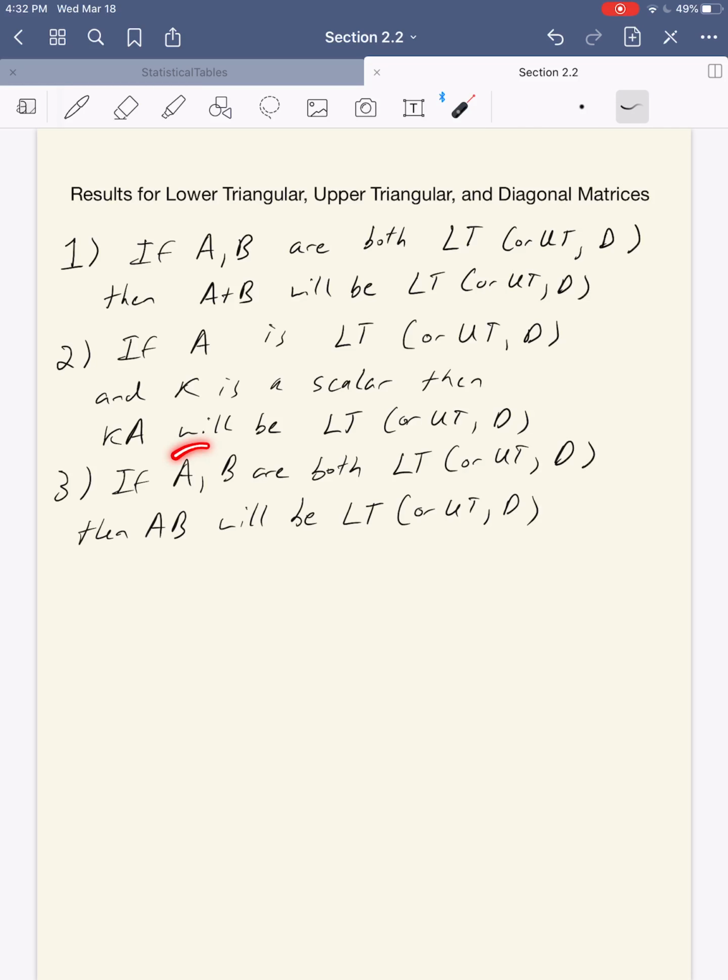So in other words, if you start with a couple matrices that both have that special property of both being lower triangular, both being upper triangular, or both being diagonal, then multiplying the two matrices together will preserve whatever that special property is.